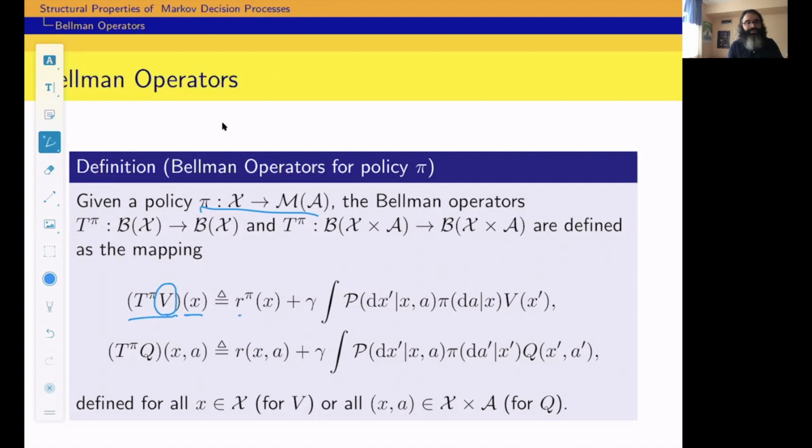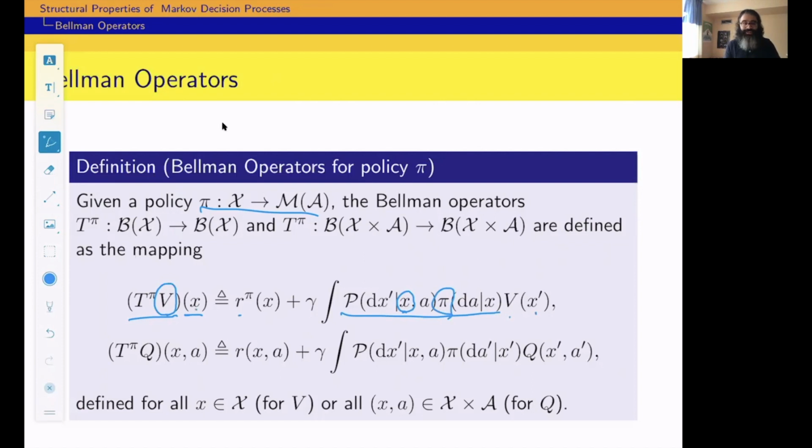This would be R pi of X plus gamma times the expected value of the function V at X prime. And the expectation is according to what we have seen several times already: the next state distribution, conditioned on the choice of state X and choosing the action according to the policy. So this takes many different values.